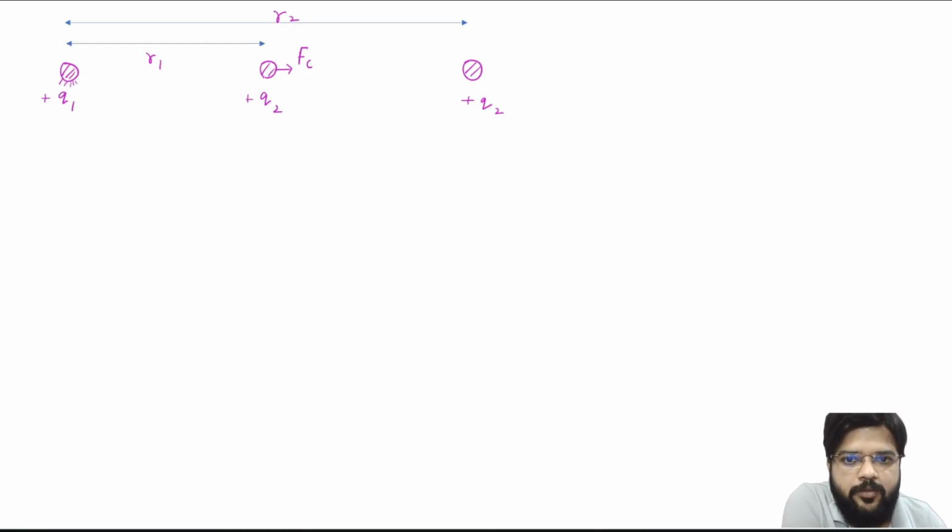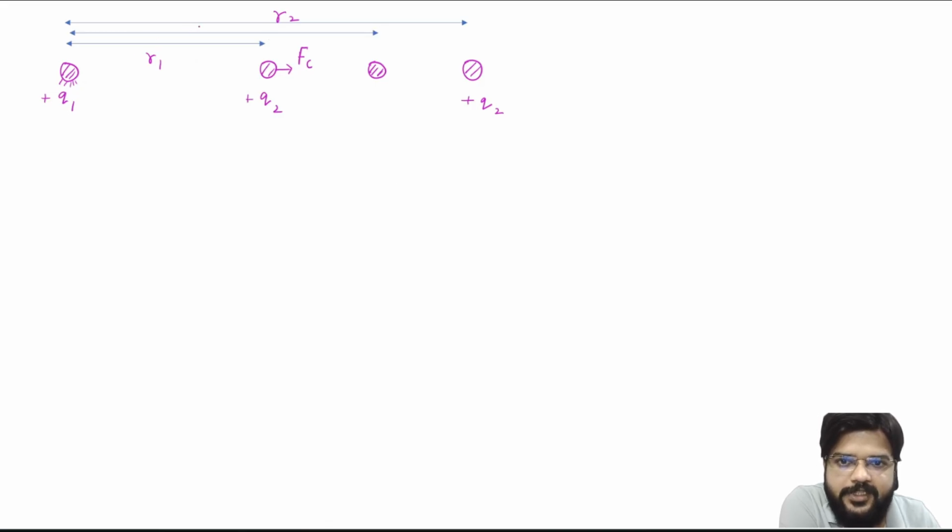Let's suppose at time t, this particle is present at distance x from Q1.